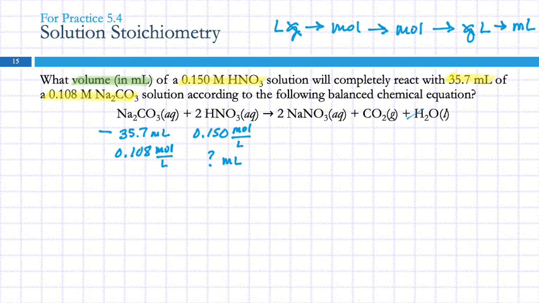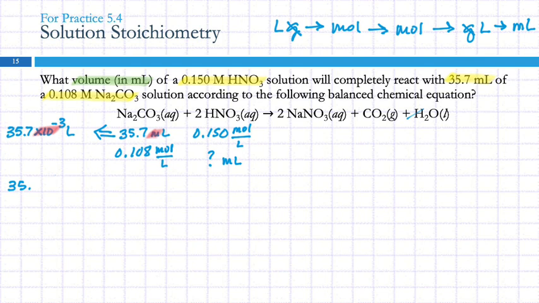And we can do that by recognizing that 35.7 milliliters is the same as 35.7 times 10 to the minus 3 liters. Right? Because that prefix milli stands for times 10 to the minus 3. So we're just writing one or the other, whatever is convenient.